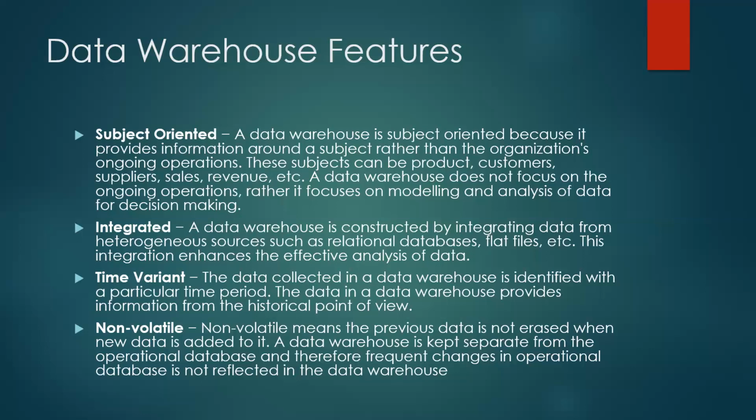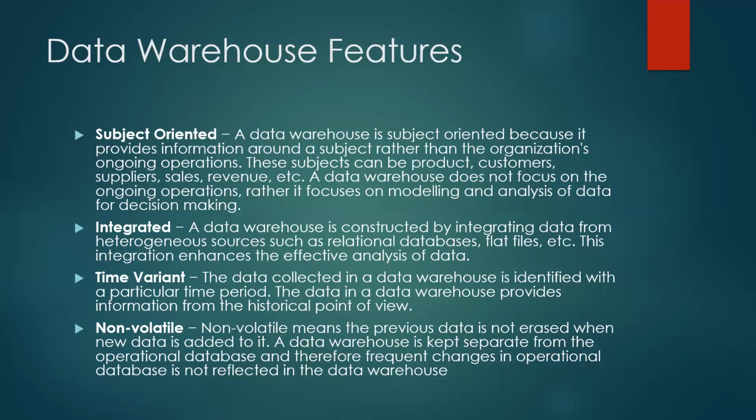And finally, we have non-volatile. Non-volatile means the previous data is not erased when new data is added to it. A data warehouse is kept separate from the operational database, and therefore frequent changes in the operational database are not reflected in the data warehouse.